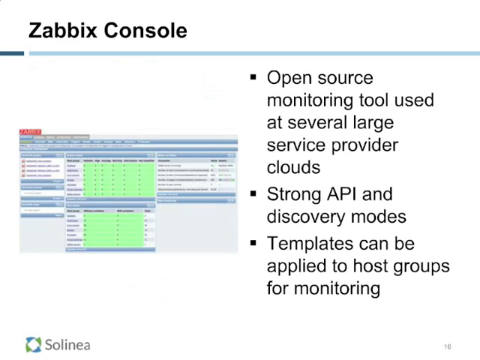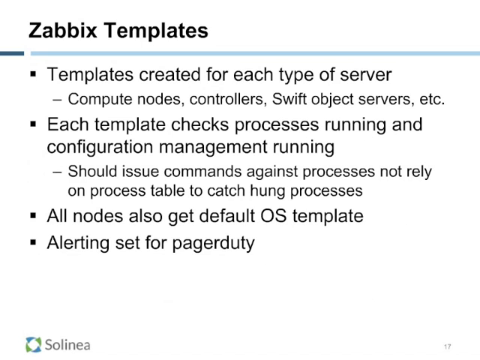These templates are things that we can then monitor those host groups against. So for example, in Zabbix, we create templates for each type of server that's out there, whether they're compute nodes or controllers or the object servers within Swift or whatever. And then we can apply those templates to monitor particular items on those machines.